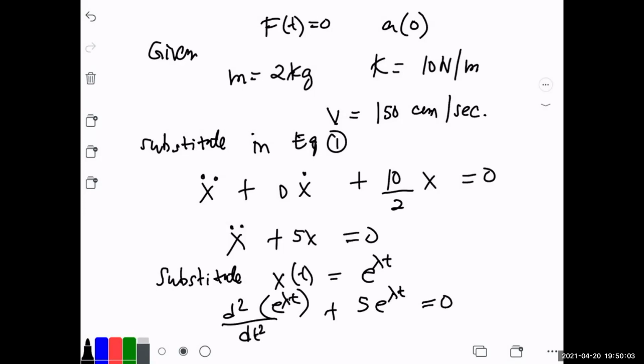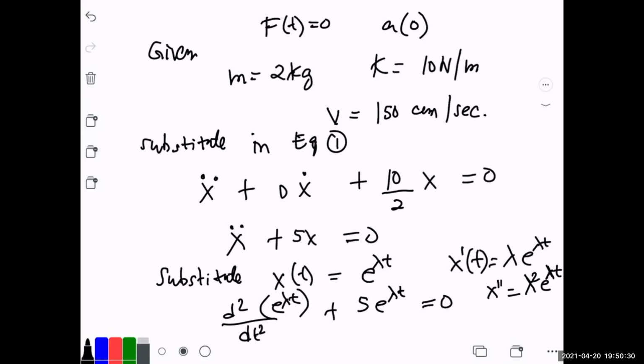So let's take the derivative of x of t. x prime of t is equal to lambda e to the lambda t, and the second derivative, whether we use prime or dot, would be lambda squared e to the lambda t.